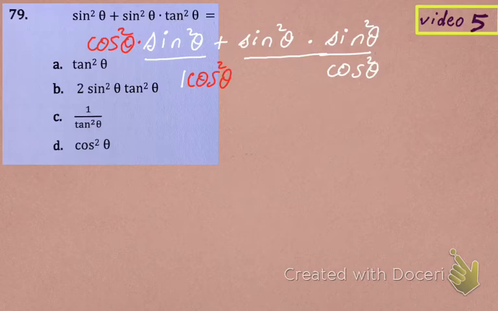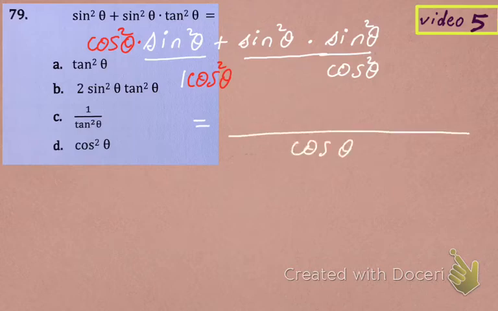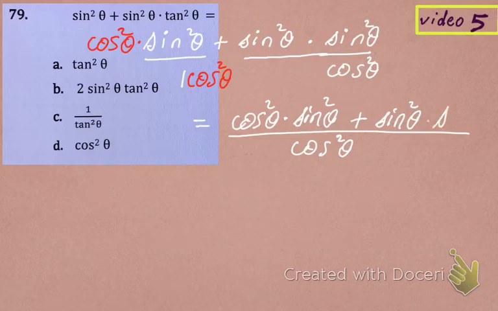You then have an expression that is simply one fraction, of which the denominator is cos theta squared, and on the left you see cos theta squared times sine theta squared, and the second term is sine theta squared times sine theta squared.